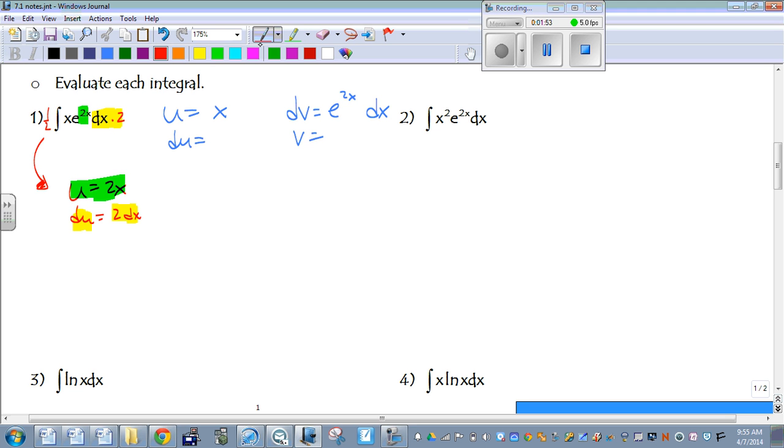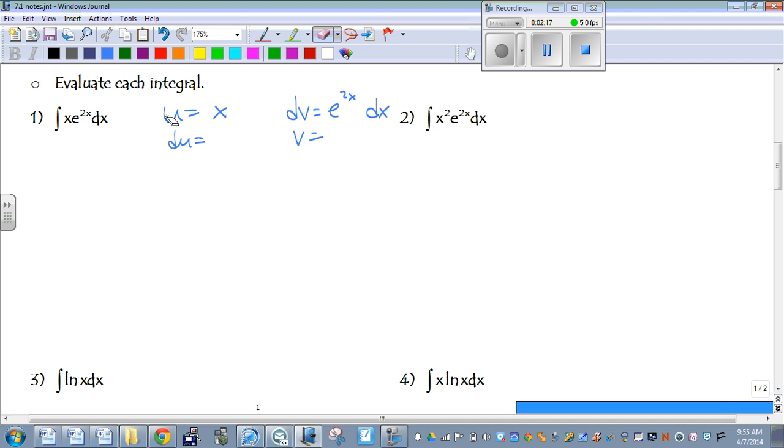Problem with that is we end up with 1/2 antiderivative x e to the u du. So we don't completely change this in terms of u, right? We can't have an x in there. No, it has to be all x or all u. It doesn't work this way. So that's why regular u substitution doesn't work for this problem, and we're using this approach instead.